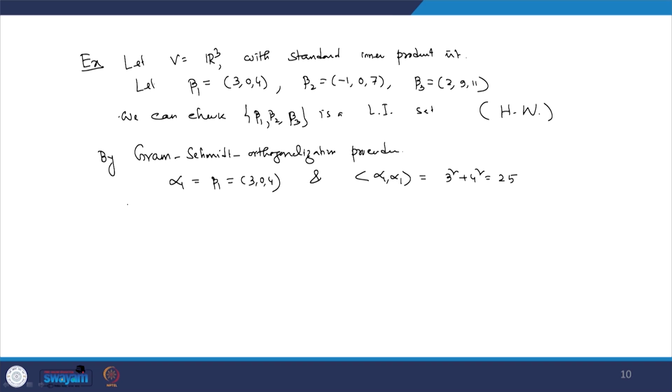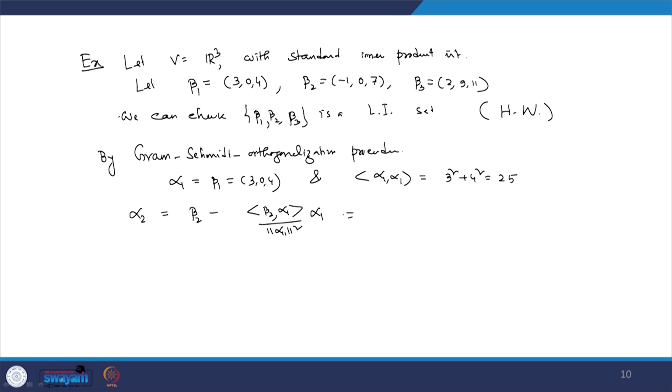So, alpha 2 will be equal to beta 2 minus inner product of beta 2 and alpha 1 divided by norm of alpha 1 square into alpha 1.